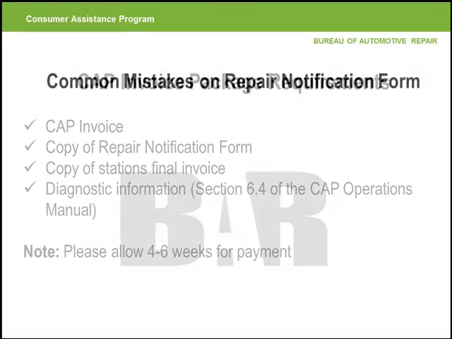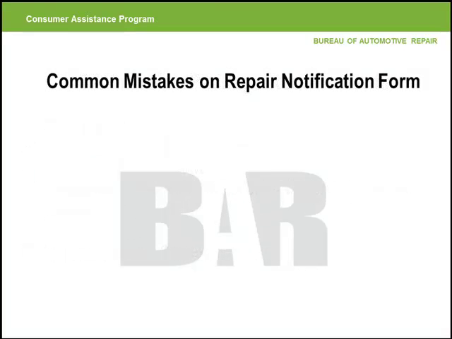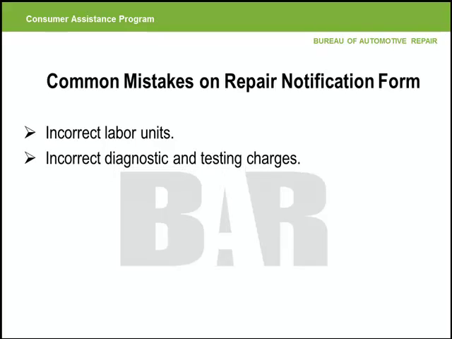Just a quick reminder of items that can slow down the repair notification process. Make sure you have entered the correct labor units. Your labor and testing charges are what CAP have on file and match what is on your work order. And you have completed all the sections of the form.